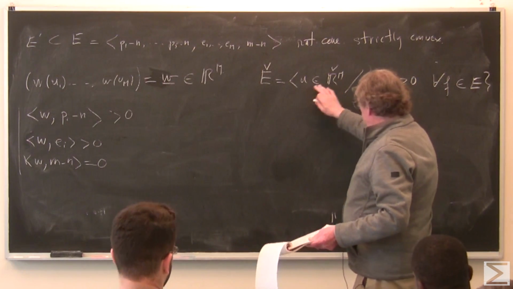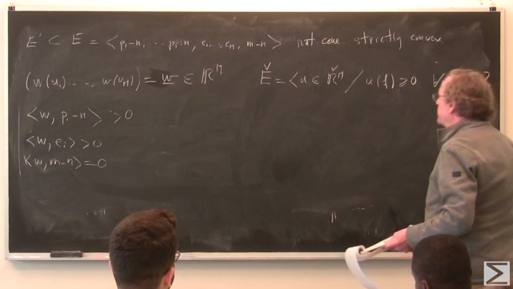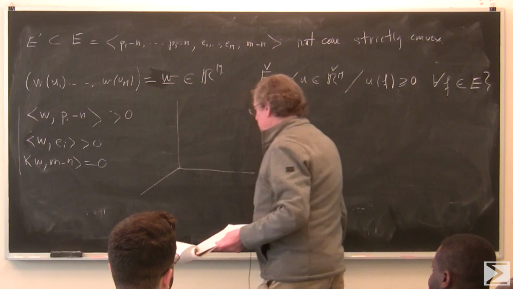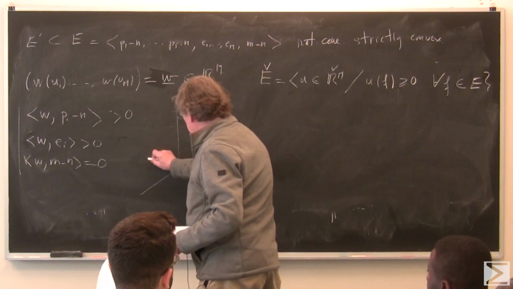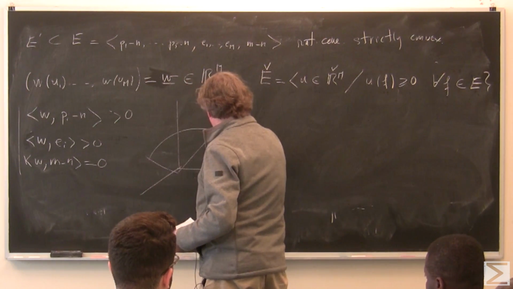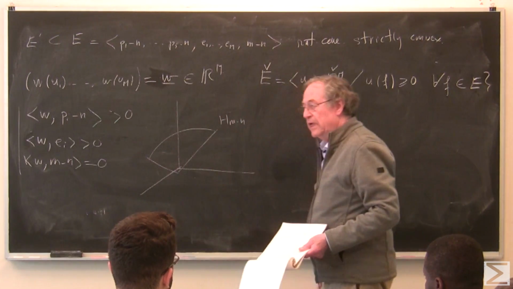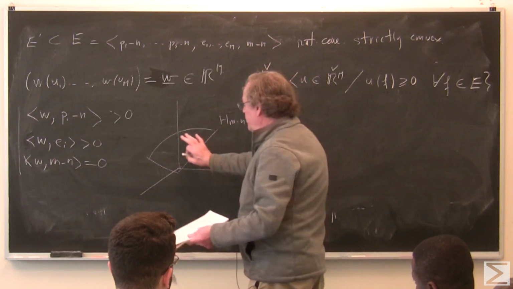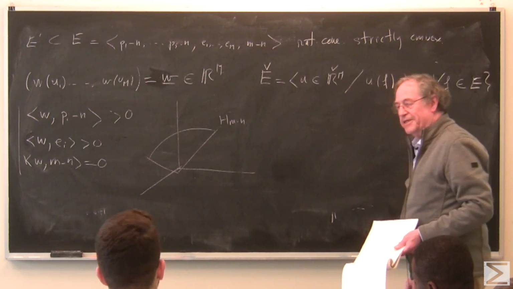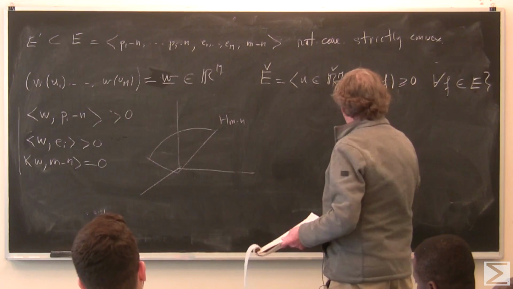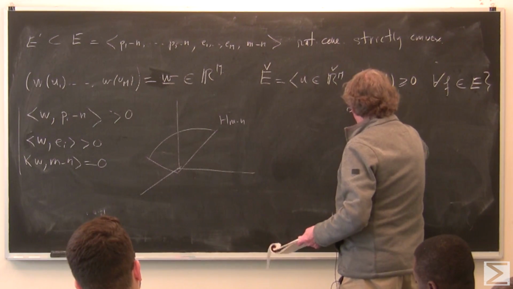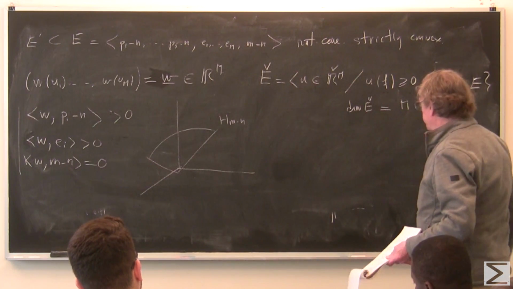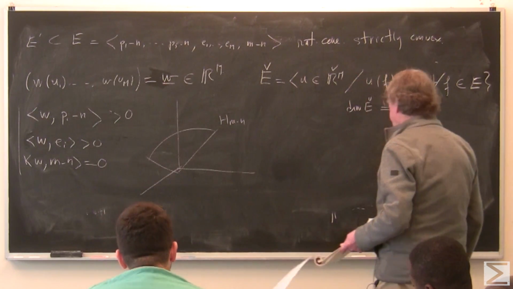These are vectors in a real vector space. Okay, but this is the convex dual of E. And so now if I look at the dual space, I have two things. I have the dual hyperplane, which we saw yesterday, Hm minus n. And we have this rational cone, which is the dual of a convex cone, which I won't picture because it's too complicated to picture. But the important thing is that the dimension of E hat is full dimension, because this is strictly convex. Dimension of E dual is a full dimension.